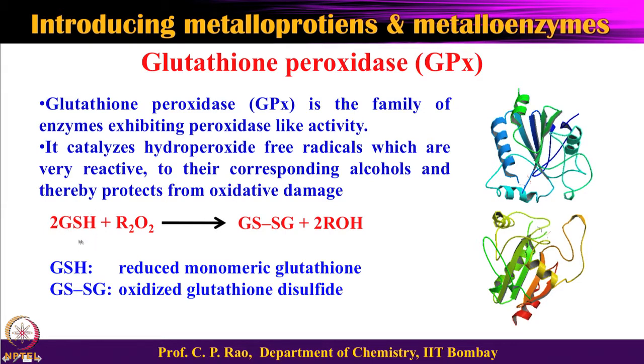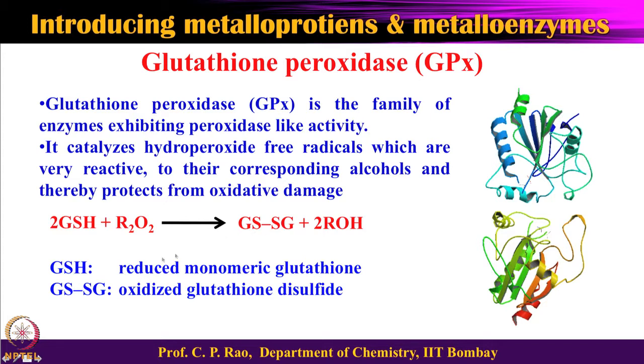Let's take an example here: glutathione simply acting on ROOR. What is this ROOR? A peroxide. It can be an alkyl peroxide or any kind of thing. If R is equal to H, it will be hydrogen peroxide, and that will lead to the oxidized form of GSH, which is GSSG. So, SS you can see the bond, and this is the disulfide bond, and it leads to the alcohol.